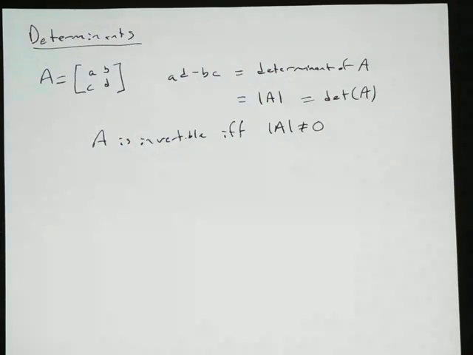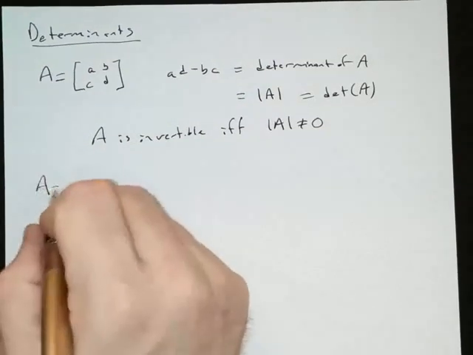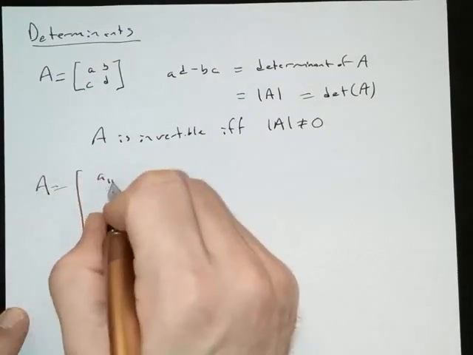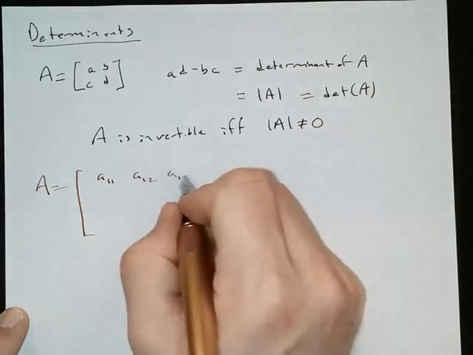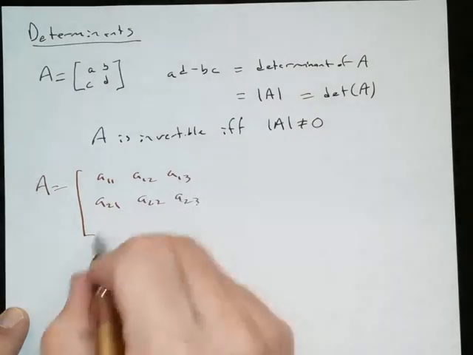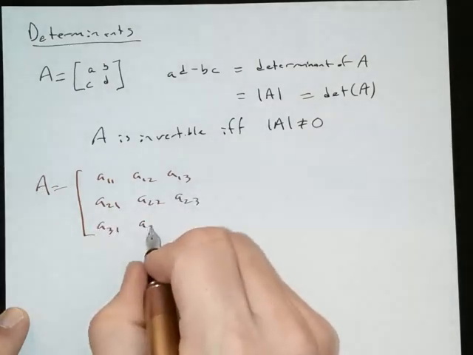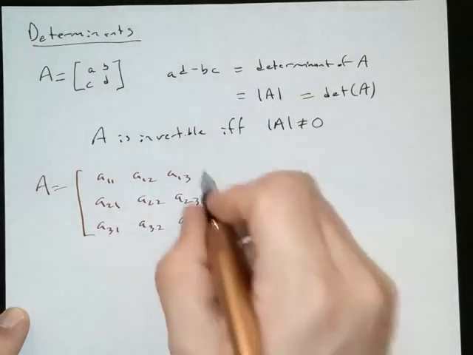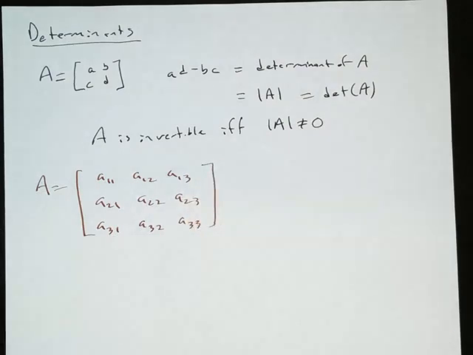So if I wanted to look at a larger matrix, like this 3 by 3, then I could ask the same question. Is there a number that I can calculate from those things that will tell me whether or not A is invertible?